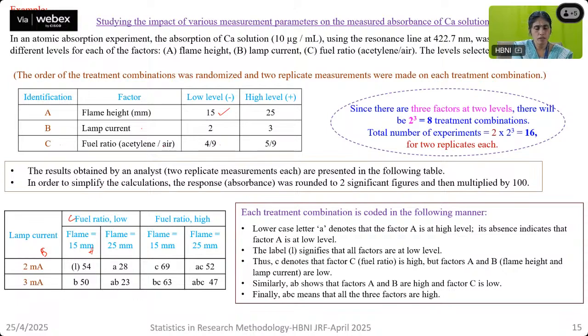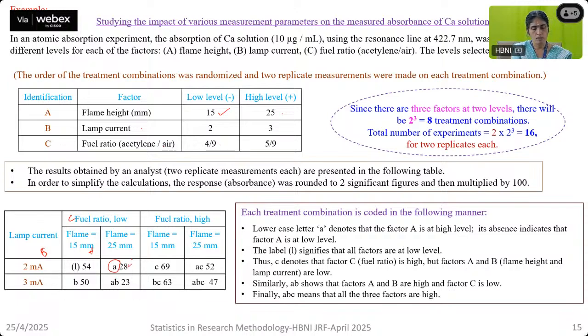If one of the factors has a higher value, then keep the lowercase letter of that factor. For example, here a letter a is written. That means flame height is taken at its higher value, 25. At 25 millimeter flame height, the other factors, fuel ratio and lamp current, are kept low.